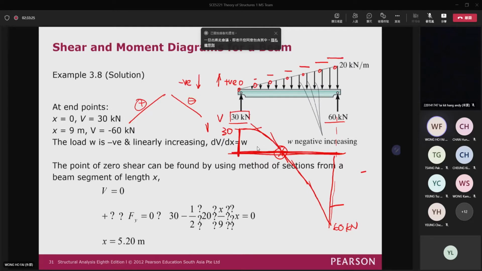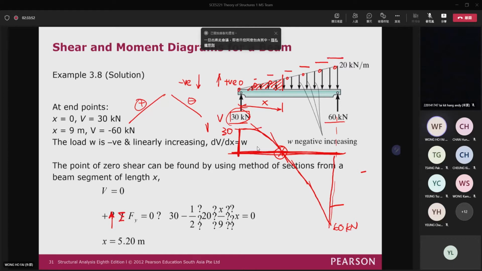So in order to find the location where the shear force is equal to 0, assume that this distance is equal to x. Then the area of this triangle should be equal to 30 kN, right? So for here, again, we can use summation Fy is equal to 0.